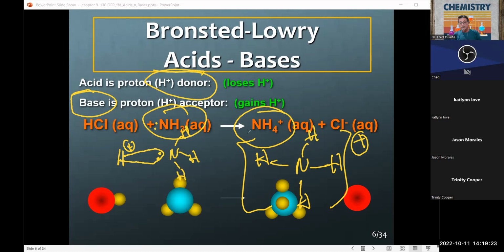In this case, it's called ammonium chloride. This is the polyatomic ion, the only one that was positive, which is ammonium chloride, name-wise. You could have ammonium fluoride, ammonium whatever anion you have, okay? So there's where they differ with respect to definitions: the base accepts that proton.